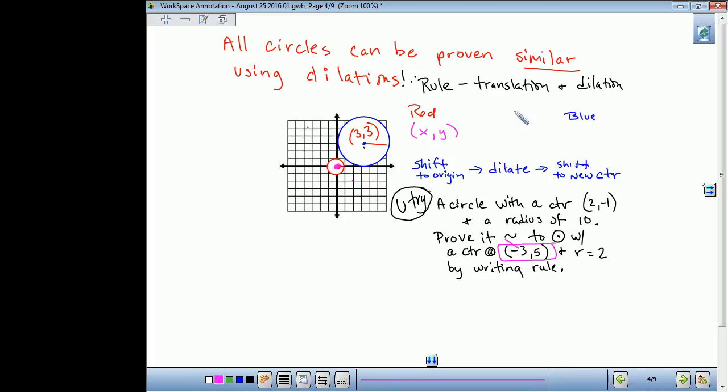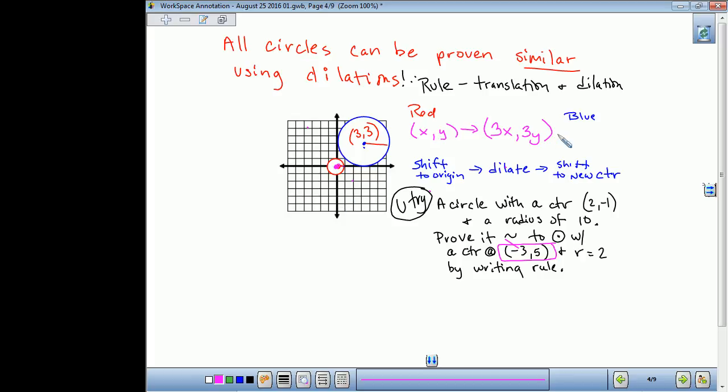Multiply by 3. So that's what we do first with our rule here. We take all those points and triple them. Now I've created a bigger red circle right here at the origin. How do I get it over here? Translation.